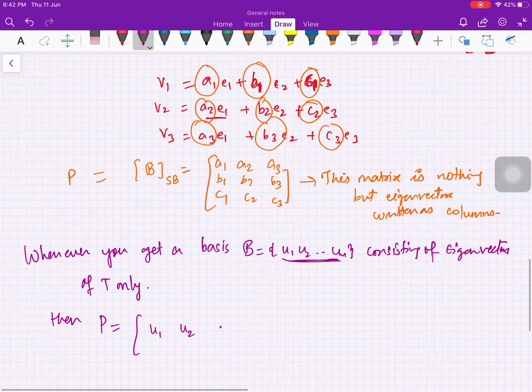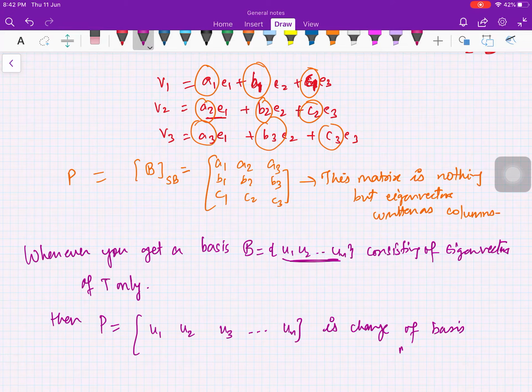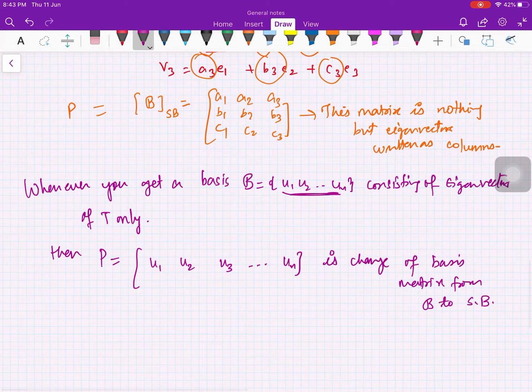Then this matrix P, which is u1 column, u2 column, u3 column, un column, is the change of basis matrix from beta to standard basis.